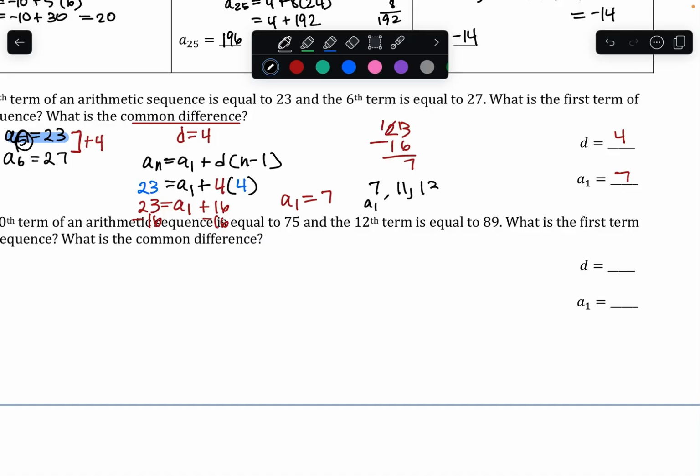Plus 4 would be 15, plus 4 would be 19, plus 4 would be 23, plus 4 would be 27. And so if we look at this, A2, A3, A4, A5, A6, so A6 is in fact 27, A5 is in fact 23.